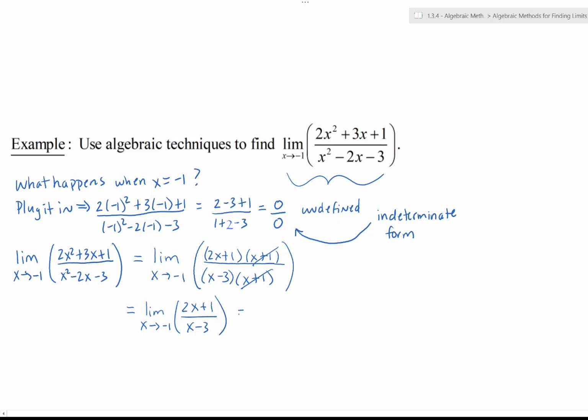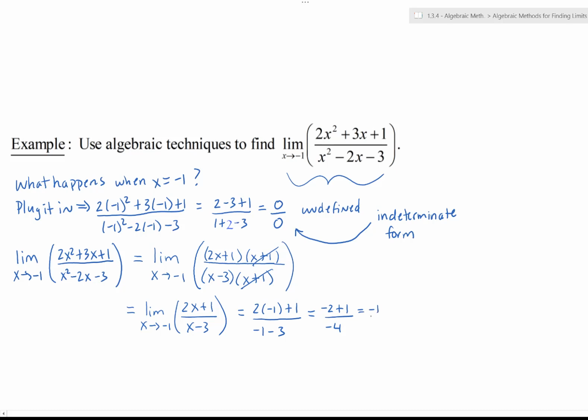And so I can take the limit, and now I have a rational function which is defined at x is -1. So I get a 2 times a -1 plus a 1 in the numerator, and a -1 minus a 3 in the denominator, giving me -2 plus 1 on top, -4 on bottom. What do we get?